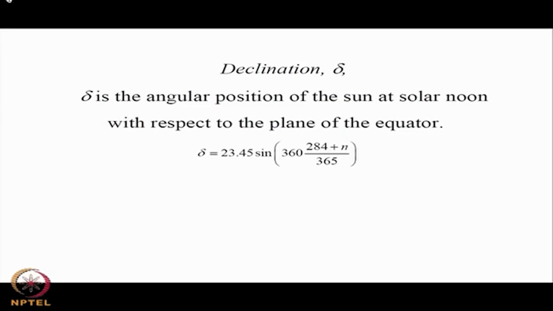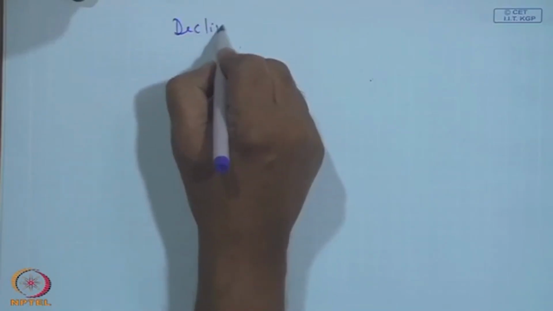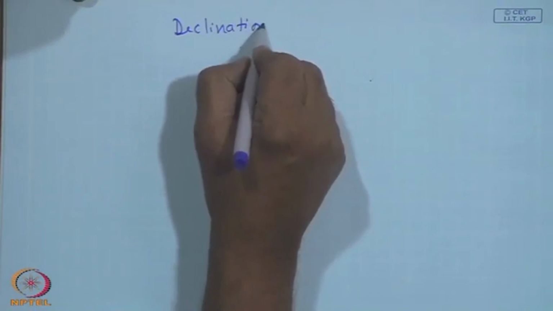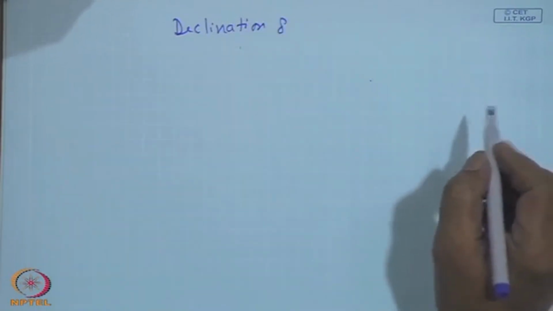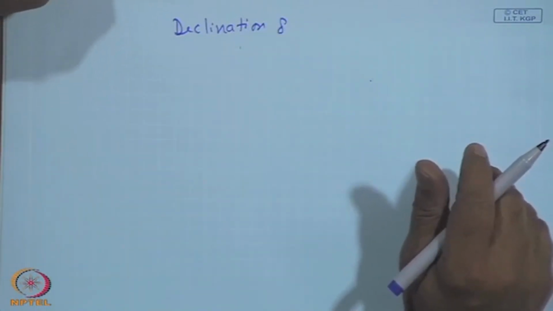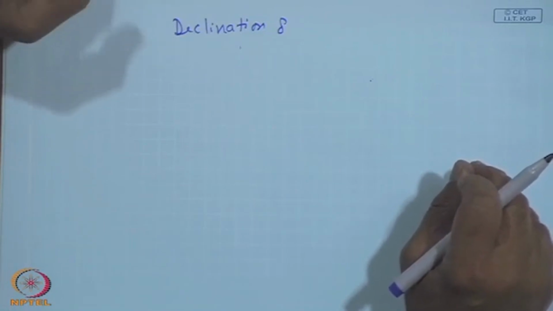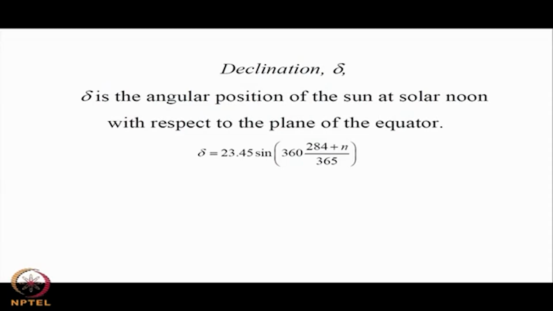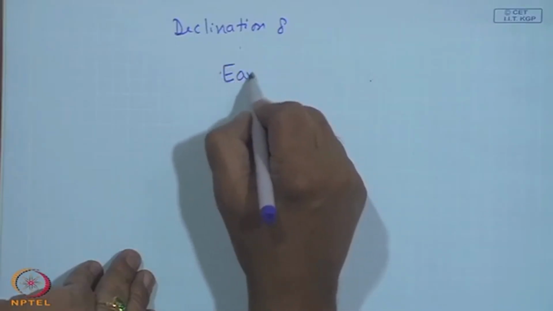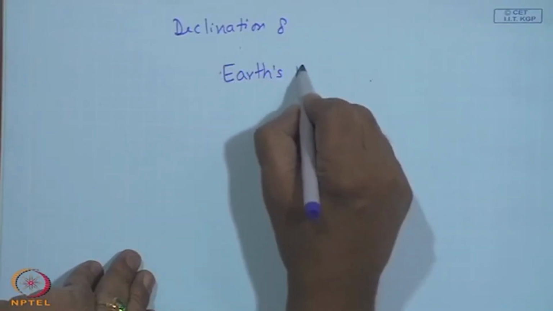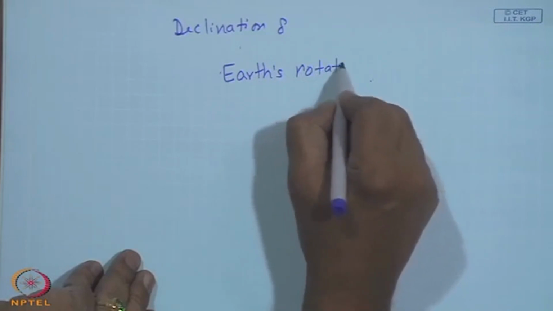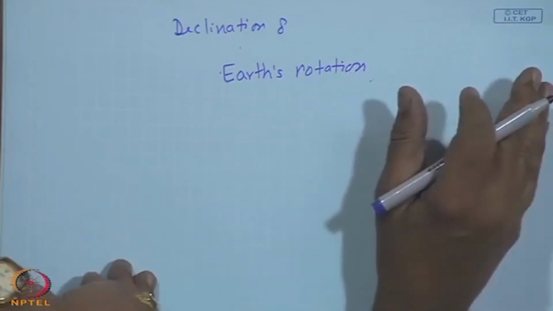And then there is the declination. Delta is the angular position of the sun at solar noon with respect to the plane of the equator. You can just search Google for Earth's rotation, that is all the search word. You have excellent videos and excellent figures, then I can reproduce in this and you have an understanding.